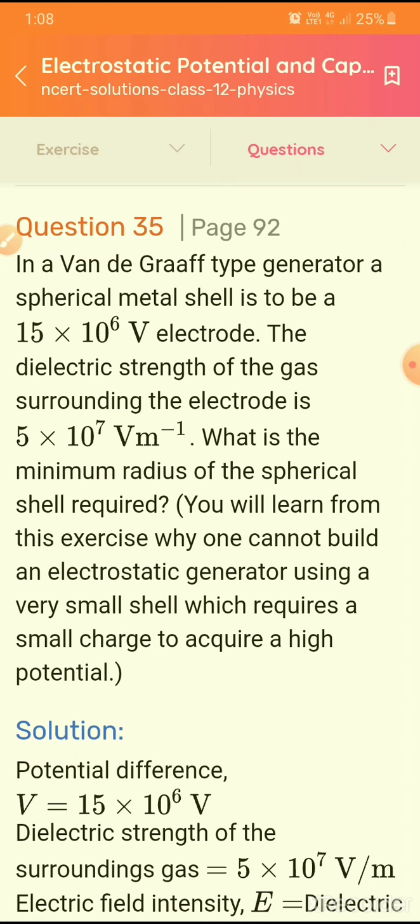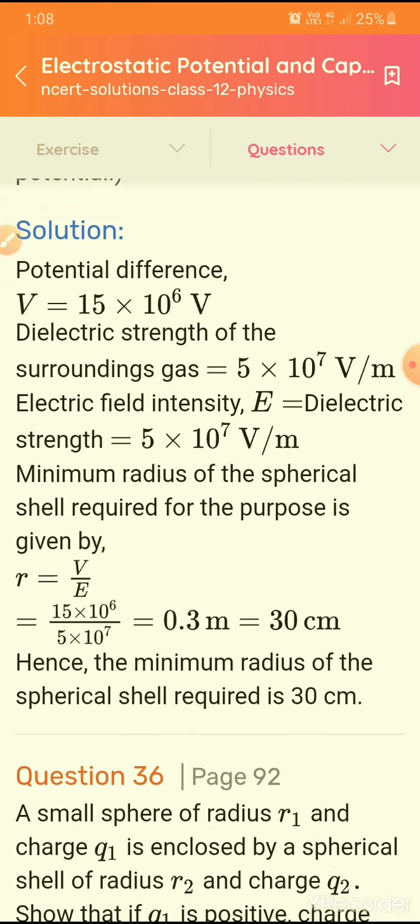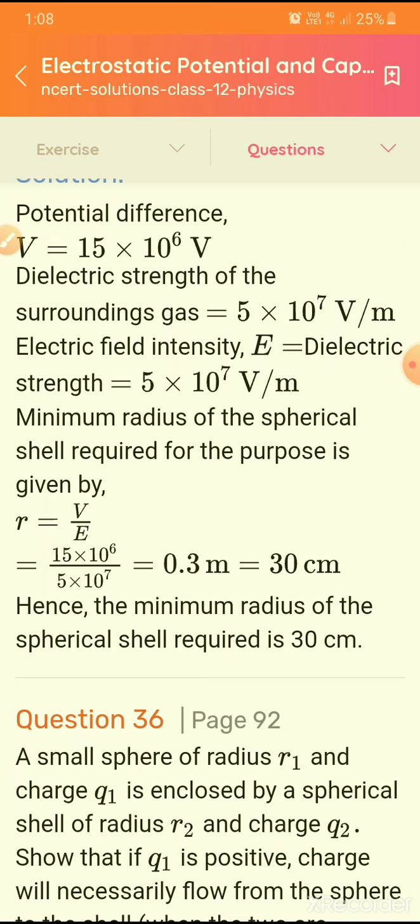Okay, so V is equal to 15 into 10 to the power of 6 volts, and the dielectric strength of the surrounding gas is 5 into 10 to the power of 7 volt per meter. E is equal to 5 into 10 to the power of 7 volt per meter, that is the dielectric strength.